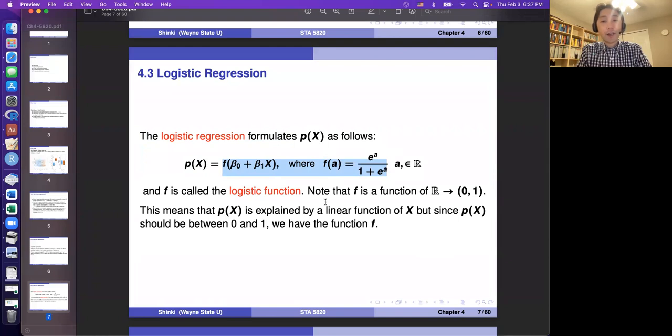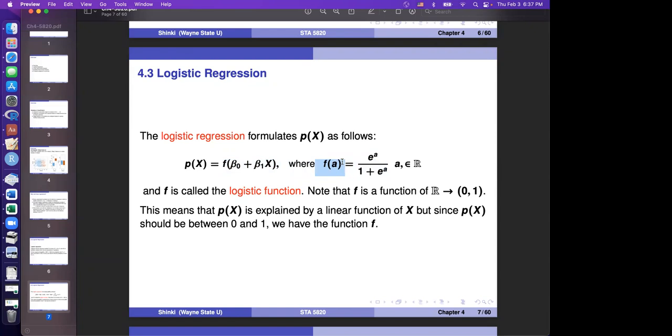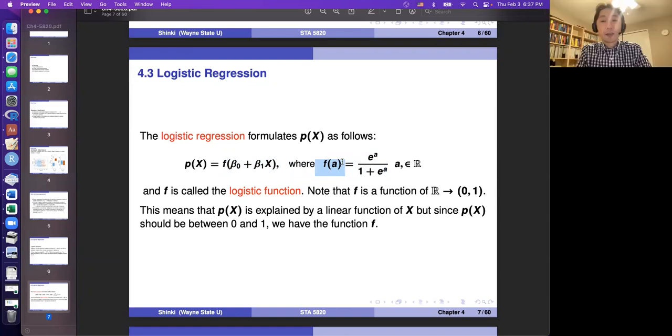What value does F of A approach? Would it be 0? Oh, okay. Yes, as A goes to negative infinity, this goes to 0, this goes to 1, and 0 over 1 is 0. So F of negative infinity is 0. If A goes to positive infinity, what value does this approach?